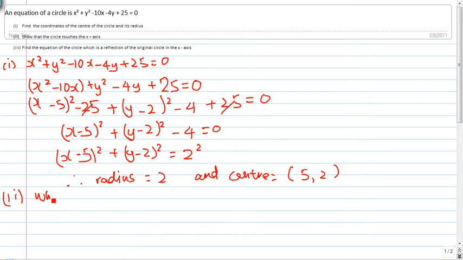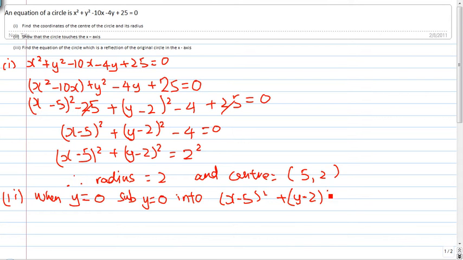Now when the circle touches the x-axis, it means that it touches the line y equals 0. Therefore we can sub y equals 0 into x minus 5 squared plus y minus 2 squared equals 2 squared.